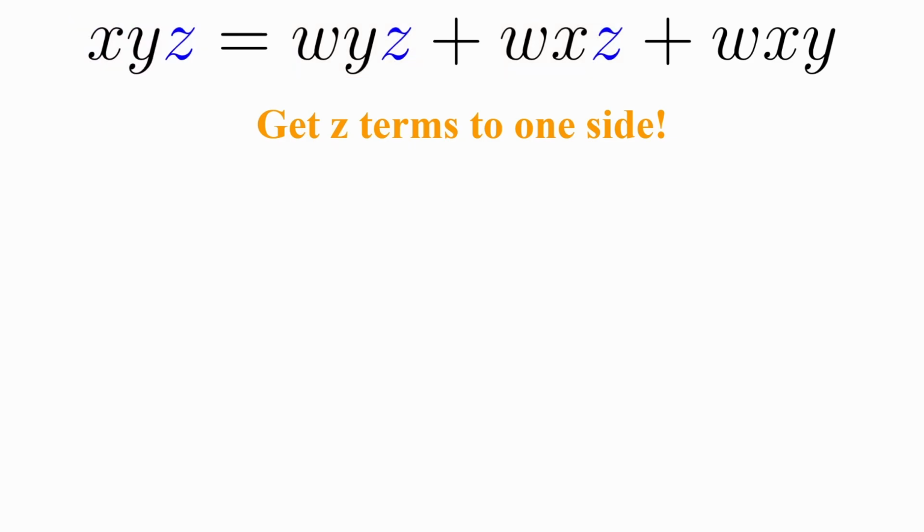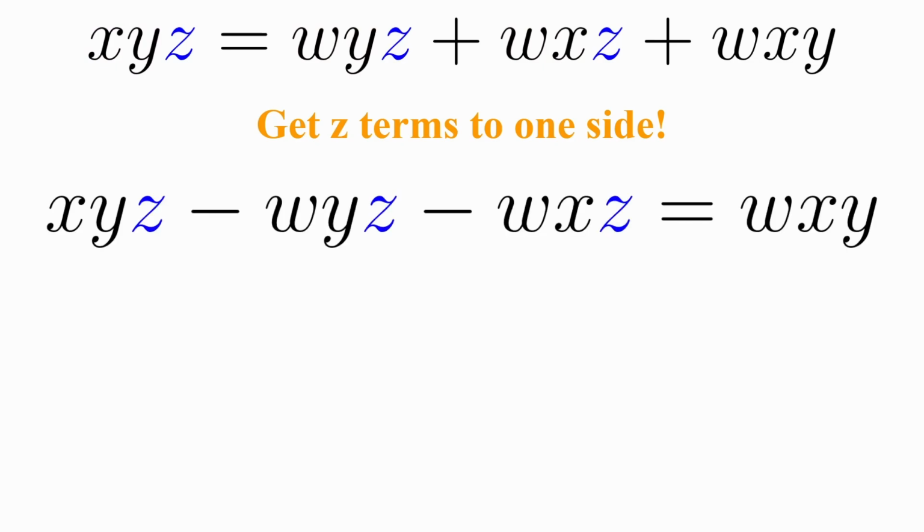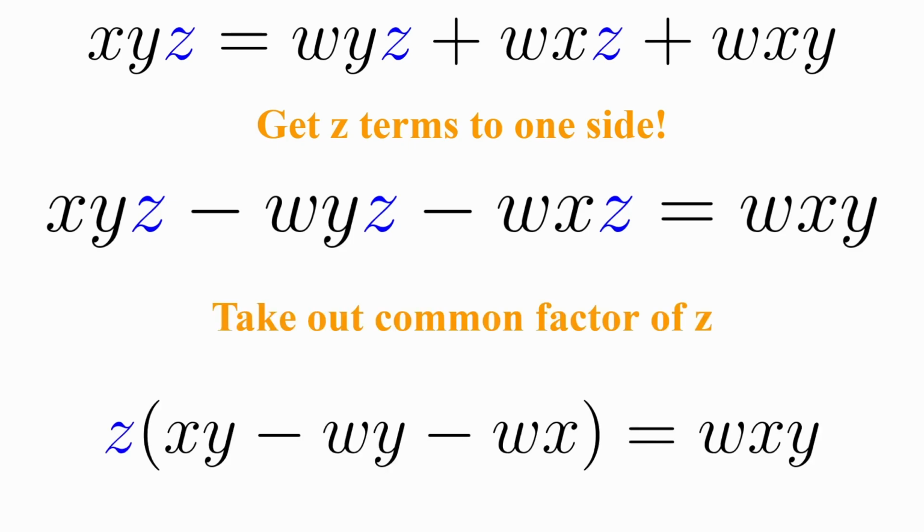And that will look something like this. Now that we have all the Z's on the same side, we can take out a common factor of Z, and we get Z times the quantity XY minus WY minus WX is equal to WXY.